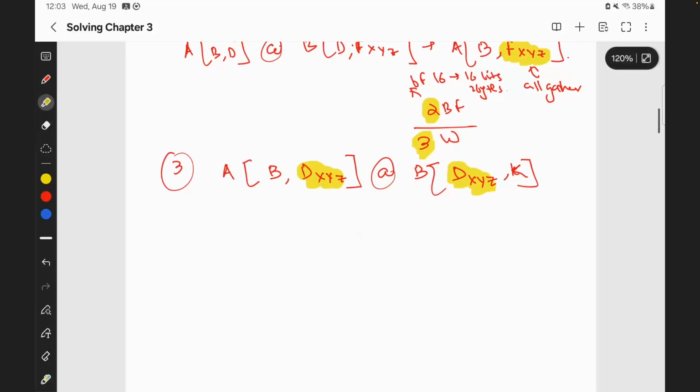If you remember, this is case 3, where both of our contracting dimensions are being sharded.